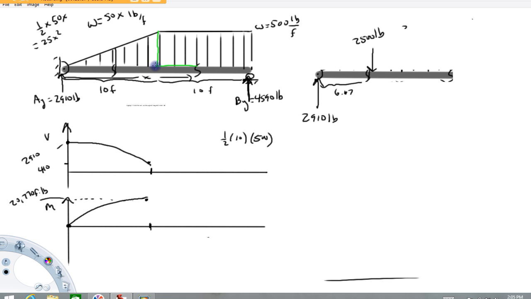Now, let's see here. From here to here is 10. From here to here is x minus 10. So from here to here is x minus 10 over 2. All right, so that distance would be x minus 10 over 2. So this force vector, let's say this is the 10-foot mark, is going to be moved over from 10 feet. It's going to move over a distance of x minus 10 divided by 2.